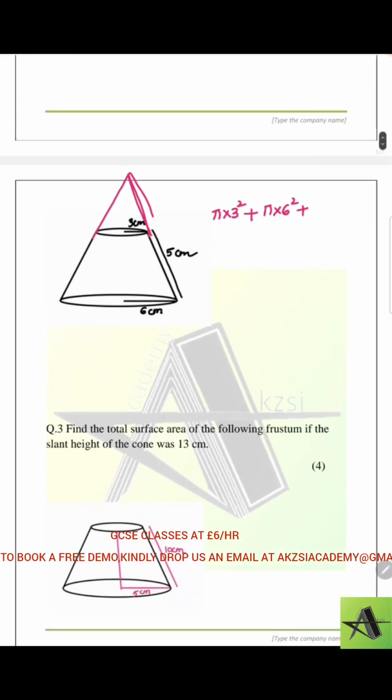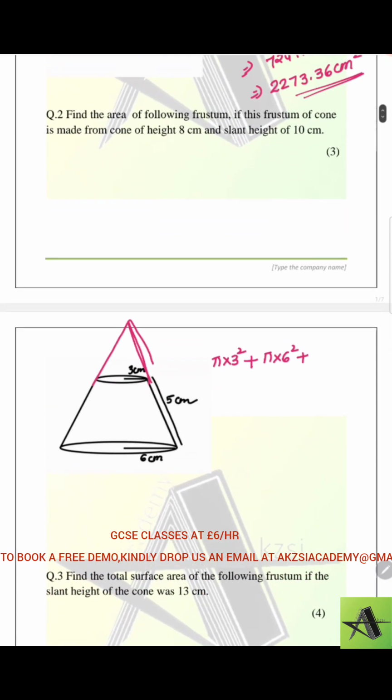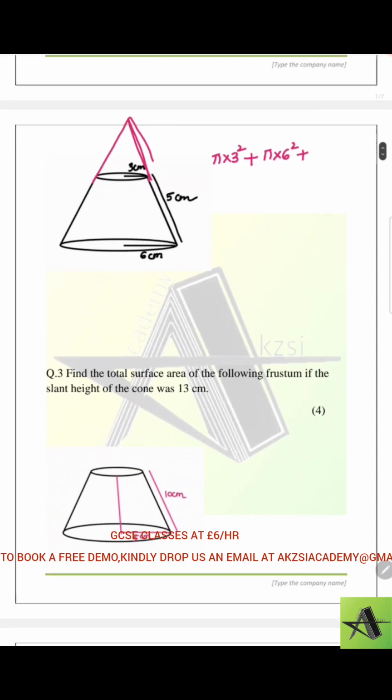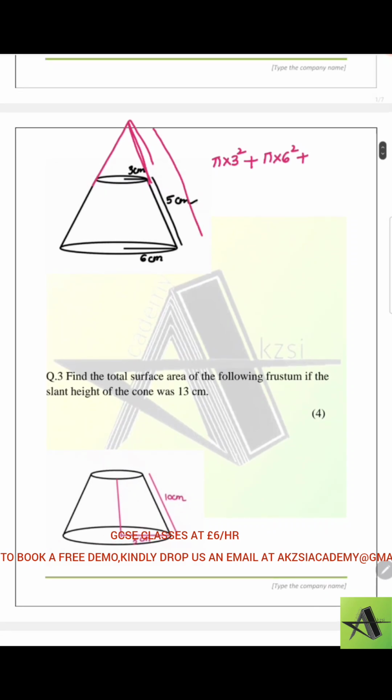So the total slant height of this cone is given as 10 centimeters. That means this whole is 10 centimeters. So pi times 6 times L, which is 10, minus. After calculating the whole curved part of the bigger cone, we have to subtract the curved part of the smaller cone, which is pi times 3.